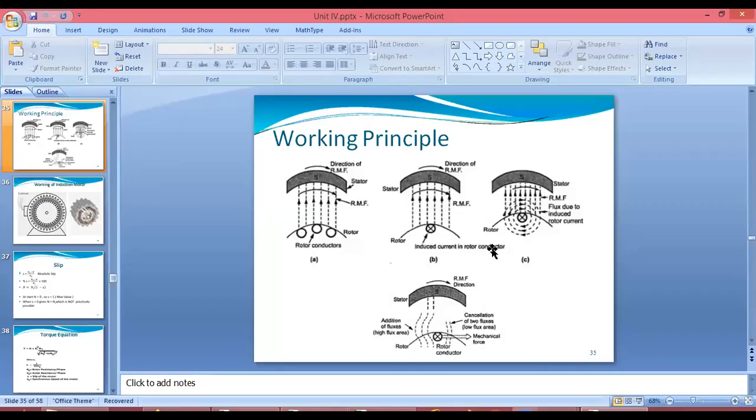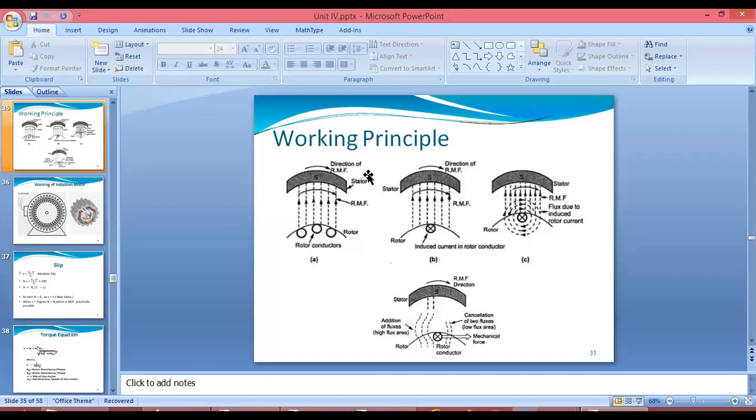When we give the three-phase supply, there is a concept of magnetic field because we are using the stator and the rotor in the induction motor, and when we give the power supply, the conductor will be cut by the magnetic field. That's why there will be production of magnetic flux according to Faraday's law.